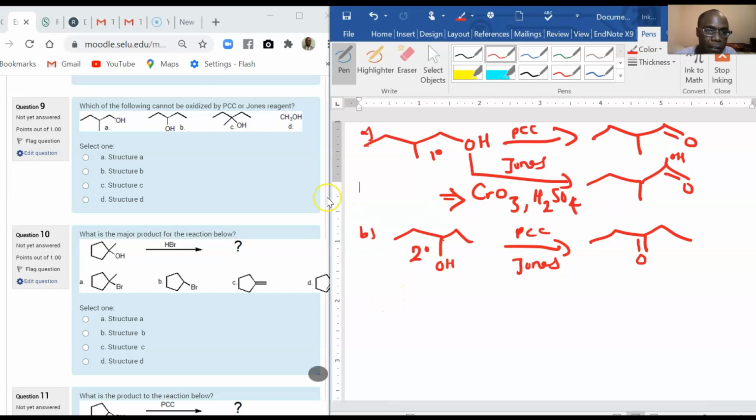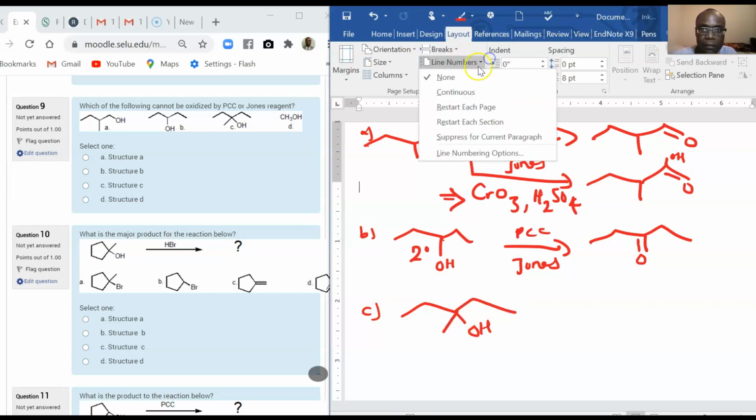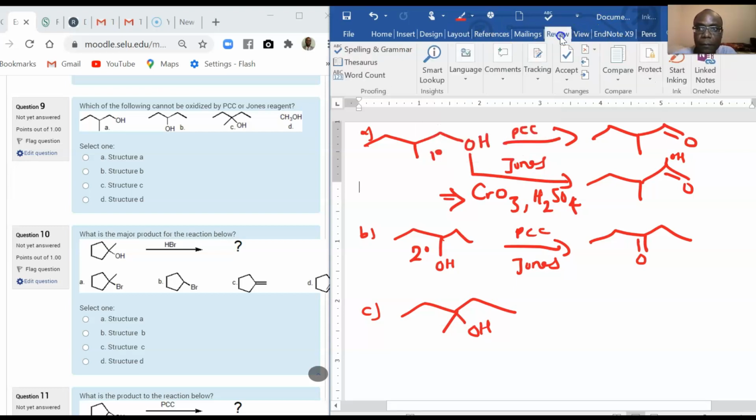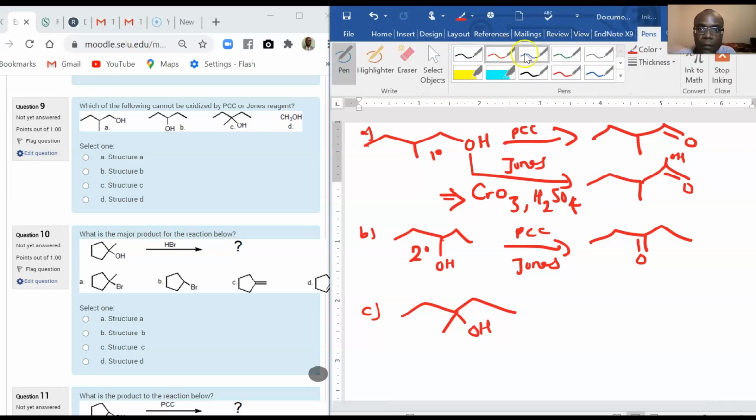We are looking for one that cannot. Now C cannot be oxidized because it's a tertiary alcohol. Tertiary alcohols don't get oxidized. Reason being, here there is no alpha hydrogen. You see, here there's a hydrogen sharing the carbon with OH.